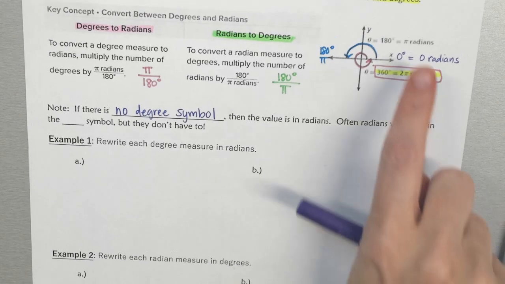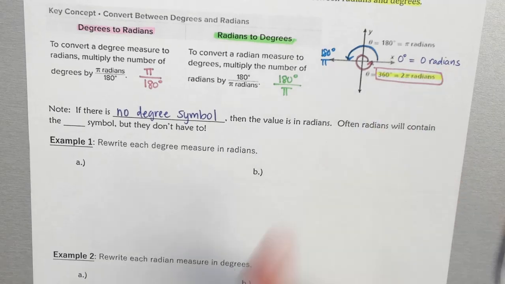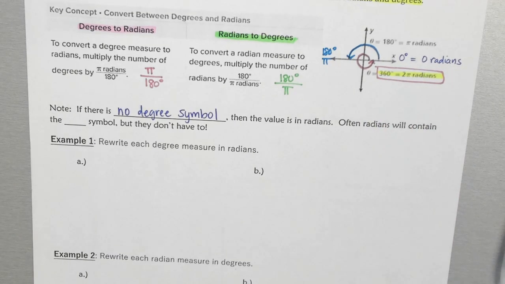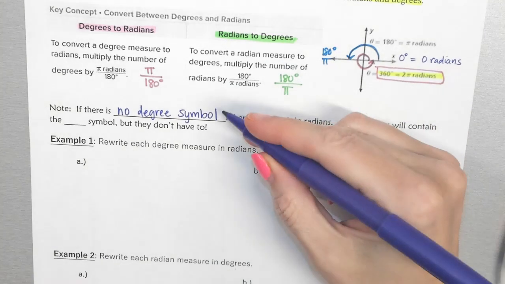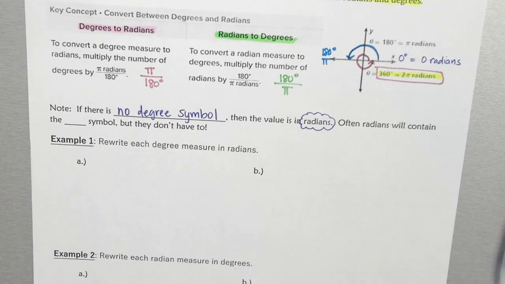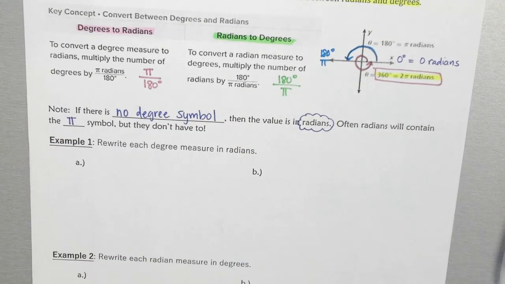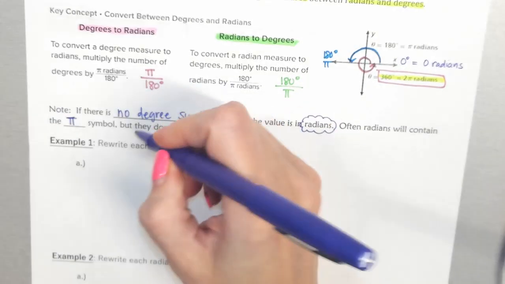Okay, you can see here they wrote out radians, pi radians, 2 pi radians, 0 radians. You do not have to write out radians every time, because if there's no degree symbol, then it's in radians. Now, often it's going to have the pi symbol if the unit is radians, but it does not have to.